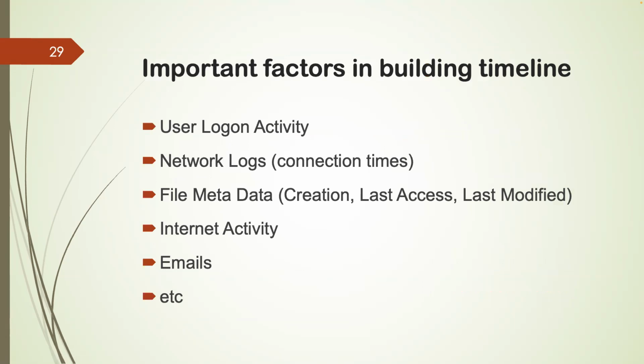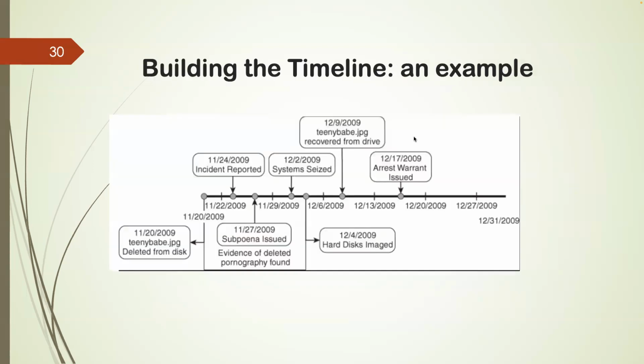Similarly, file metadata can also give you information to create the timeline, including when a file was created, last accessed, last modified, and so on. Similarly, the internet browsing history of a user can give you information to create a timeline. Lastly, emails also have sent and receive times, so they can give you important information to create a timeline.